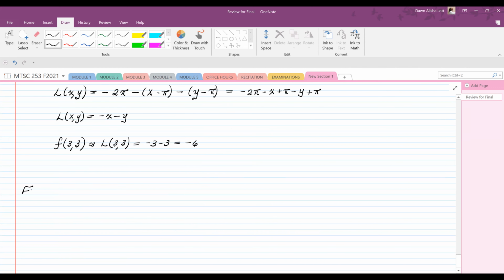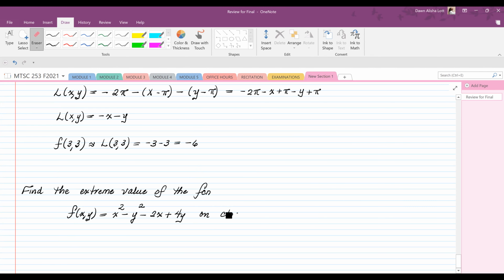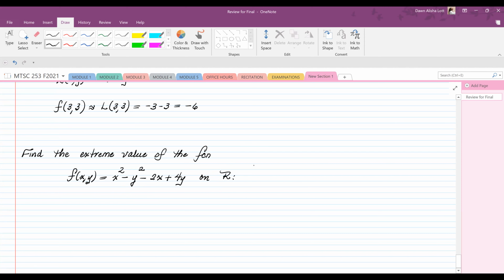Find the extreme values of the function f of x, y equals x squared minus y squared minus 2x plus 4y on the closed triangular plate bounded by the lines y equals 0, x equals 2, and y equals x plus 2. That triangular plate one tripped me up.